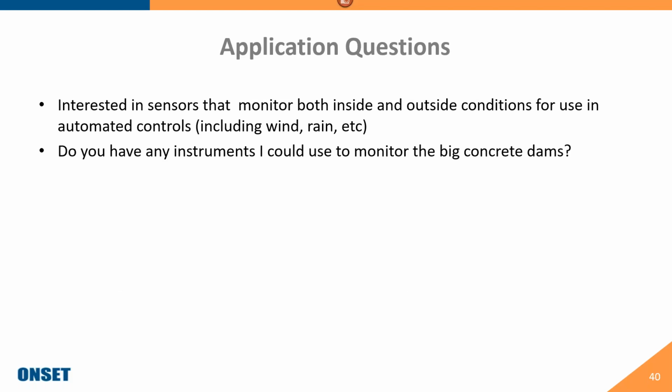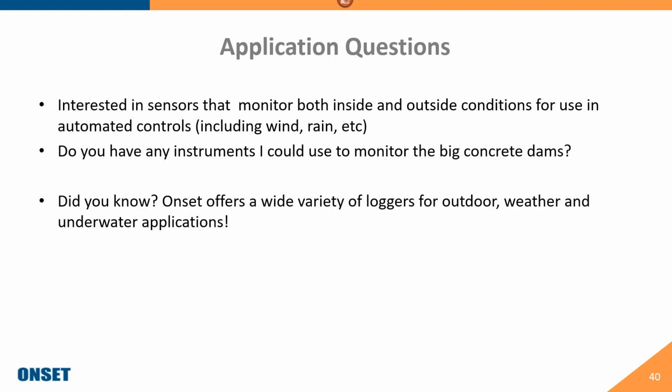This gets into your question, Dan. Interested in looking at doing monitoring inside and outside the building, looking at wind, rain, temperature. Also, do you have instruments that'll do big concrete dams? I did see that we have some environmental questions coming in, even though we're mainly focusing on the building automation.